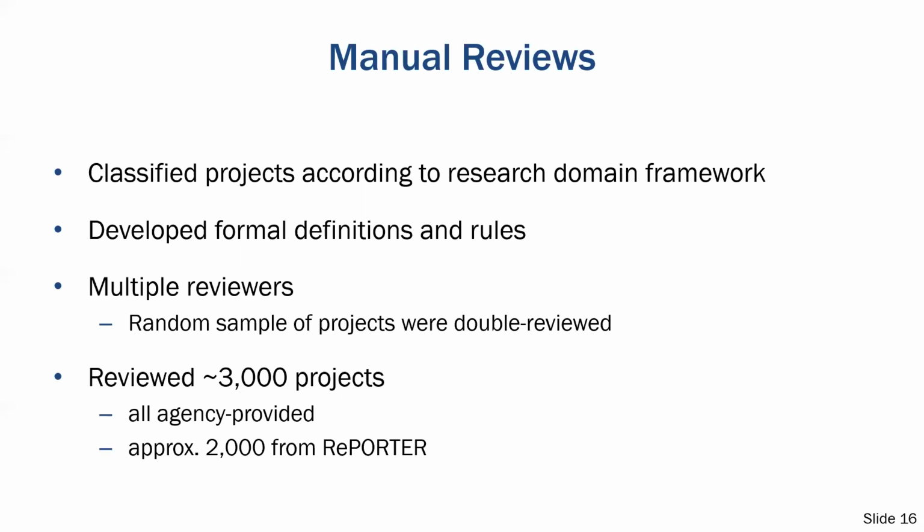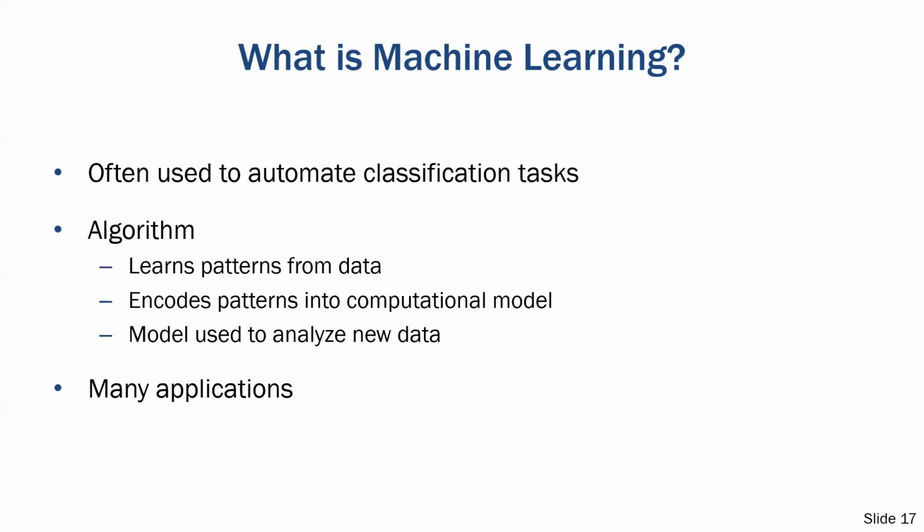Some of these we selected purposely as most likely to be in scope of our environmental scan, HSR, PCR, or methods and tools development. But a large portion of these were also selected randomly from the full Reporter data set in order to be representative of the remaining data that we hadn't reviewed. So we still had 90,000 projects left to review after reviewing these 3,000 manually. And that's where the machine learning comes in, of course.